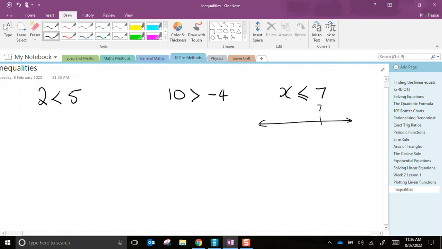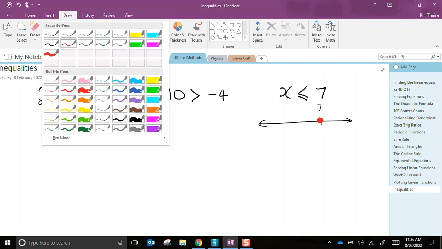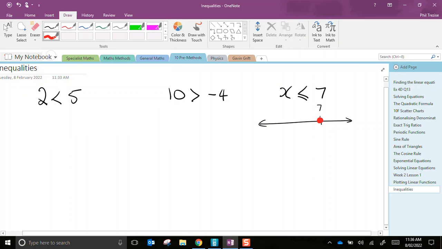Now, if x is less than or equal to, so being equal to 7 is included, we show that by having a solid dot on top of 7. And being less than would be everything to the left. So any number indicated by either the red dot or the red arrow would satisfy the inequality x is less than or equal to 7.